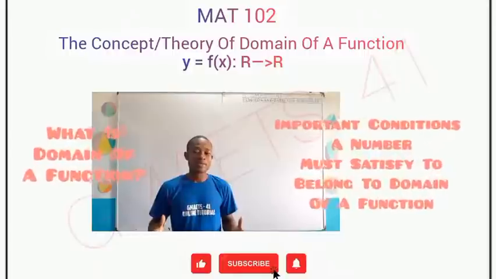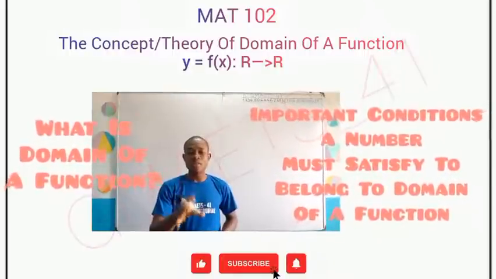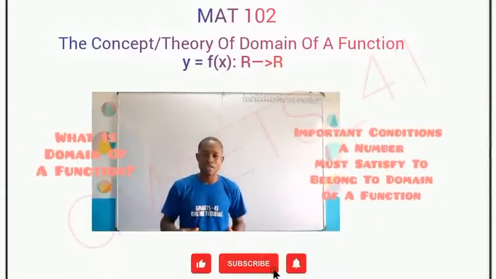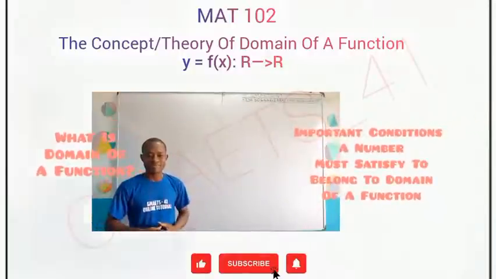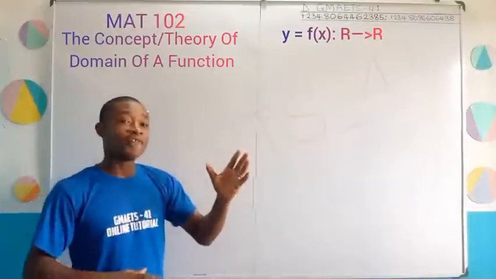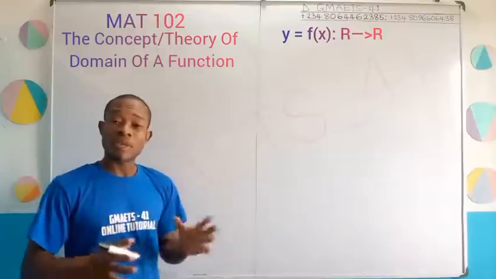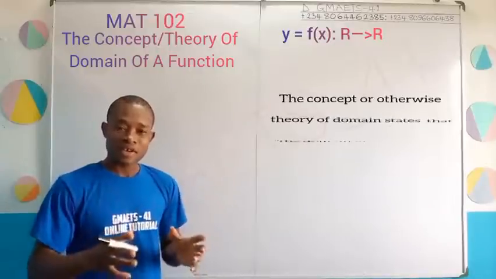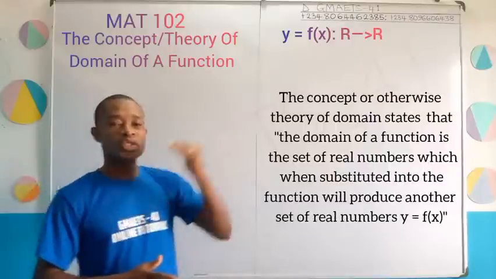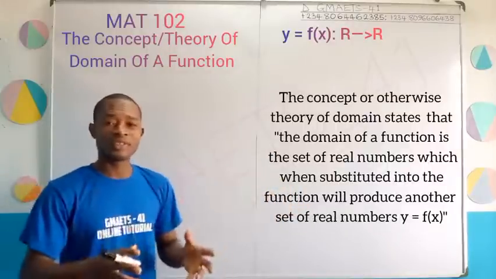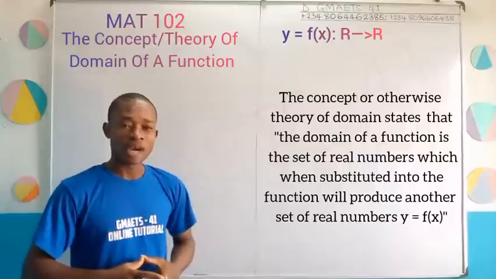To start with, I'd like to define what the domain of a function is in much simplified format. The domain of a function is simply the set of real numbers which, when substituted into the function, will give you another real number.